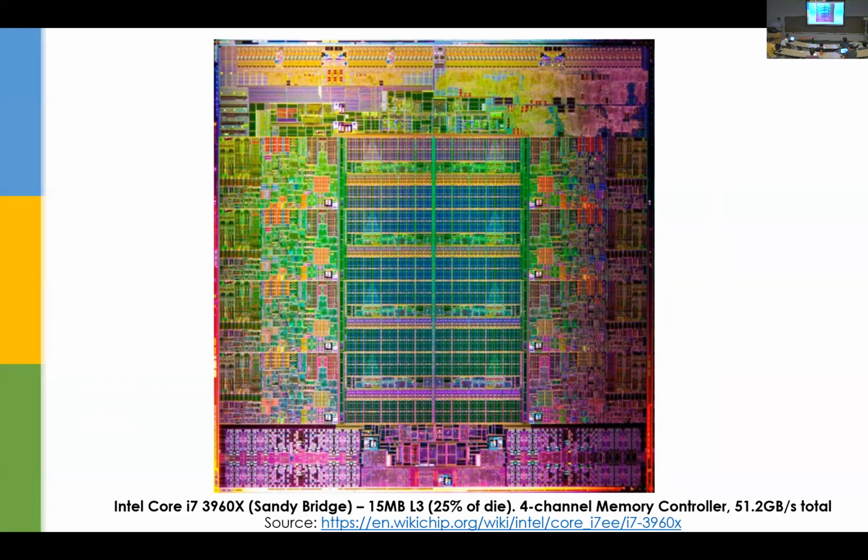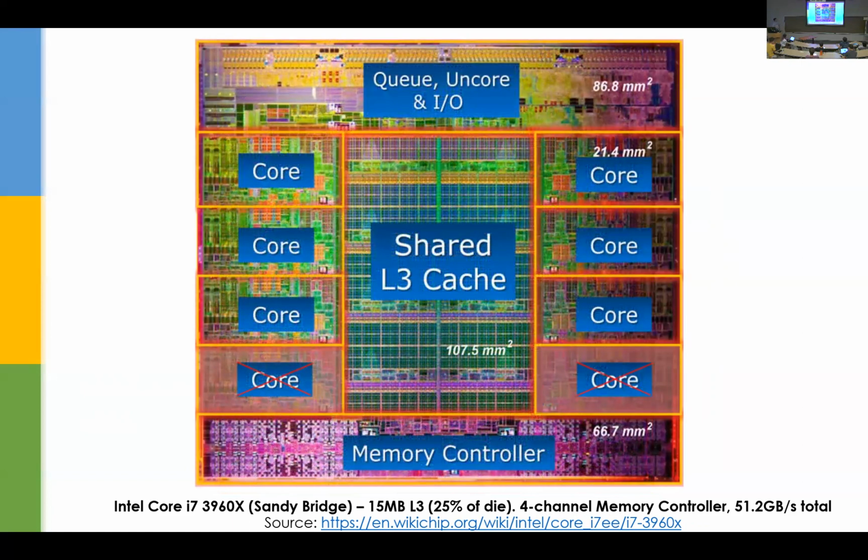But if you look at how it's actually divided up, look at the percentage of cores, and these are disabled because you remember how I said they can be used in dimming and stuff. The percentage of the chip used for cores is way smaller than firstly the L3 cache, and secondly, the memory controller.